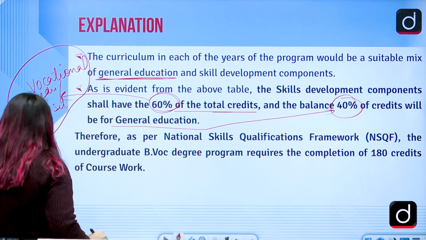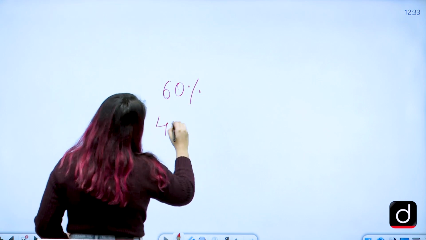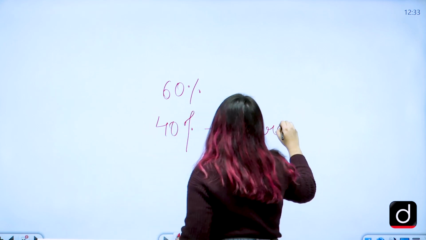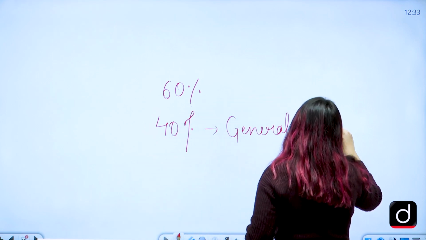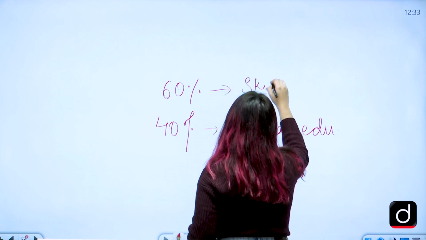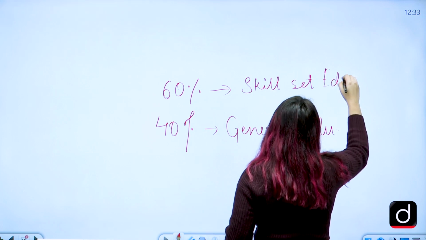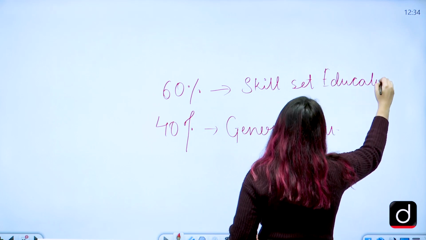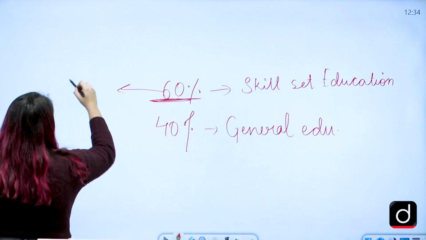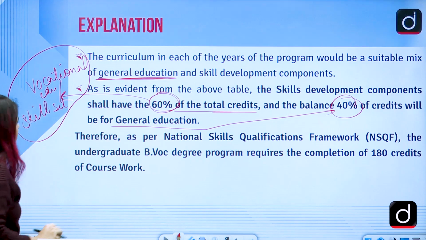So 60 by 40 it will be divided, where 40 will be the general education and 60 will be the skill set. So the majority is that you get hands-on practice in the skills or the vocational part.